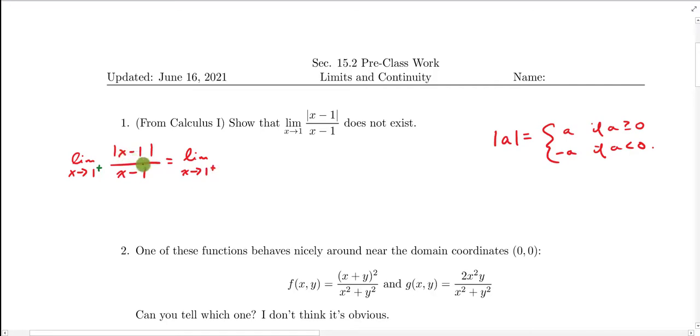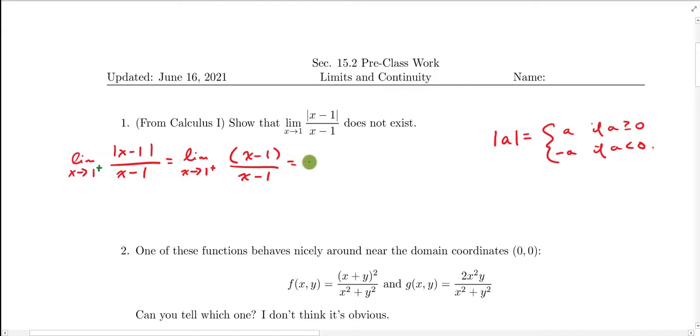When I subtract 1 from that, I still have an expression that's positive. And so what we can do is say that that's just equal to x minus 1 all over x minus 1, where I evaluated the absolute value based on the fact that I knew the argument, the stuff inside of it, was always going to be positive.